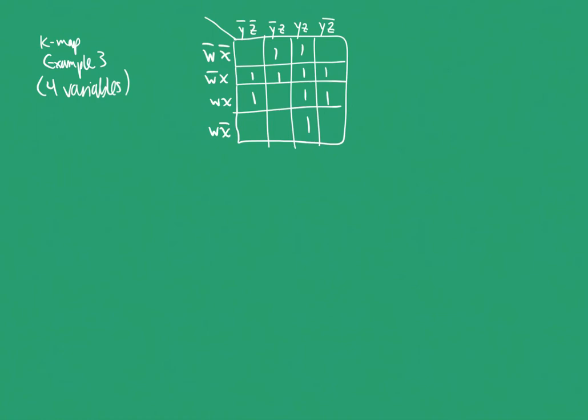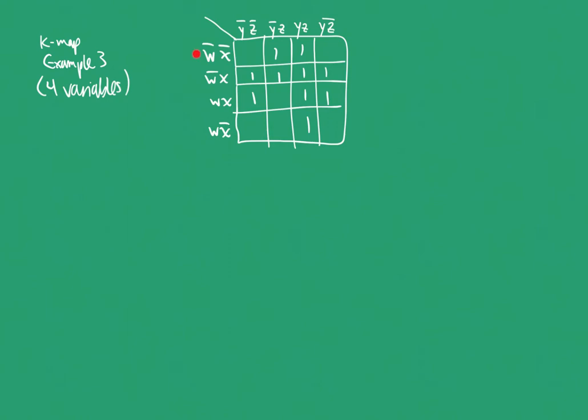Now we're going to do an example that has 4 variables. Making a K-map for 4 variables is very similar to the 3 variable case, except now our rows will have 2 variables with every possible combination of literals, and our columns will have the other 2 variables with every possible min term you could create out of those literals for those 2 variables.